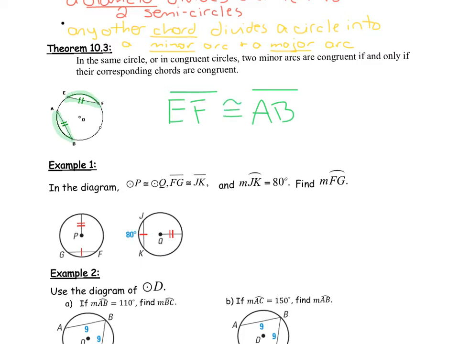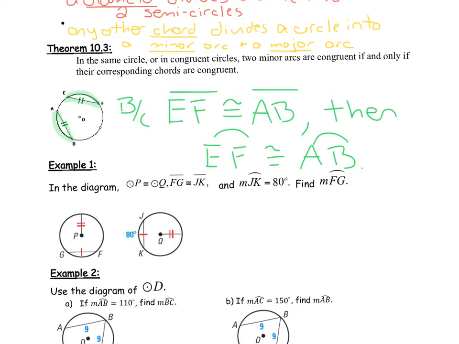So because segment EF is congruent to segment AB, we can say that arc EF is congruent to arc AB. So if the chords are congruent, the arcs formed by them are also going to be congruent.